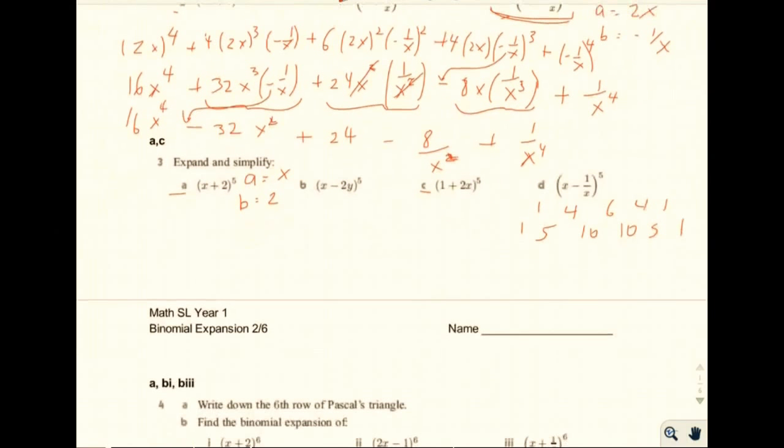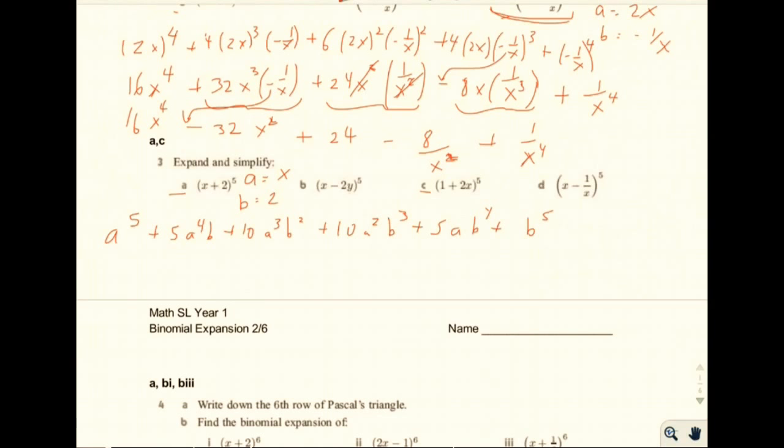So it would be, I'm sorry, let's use a. A to the 5th plus 5 a to the 4th b plus 10 a to the 3rd b squared plus 10 a squared b to the 3rd plus 5 a b to the 4th plus b to the 5th.